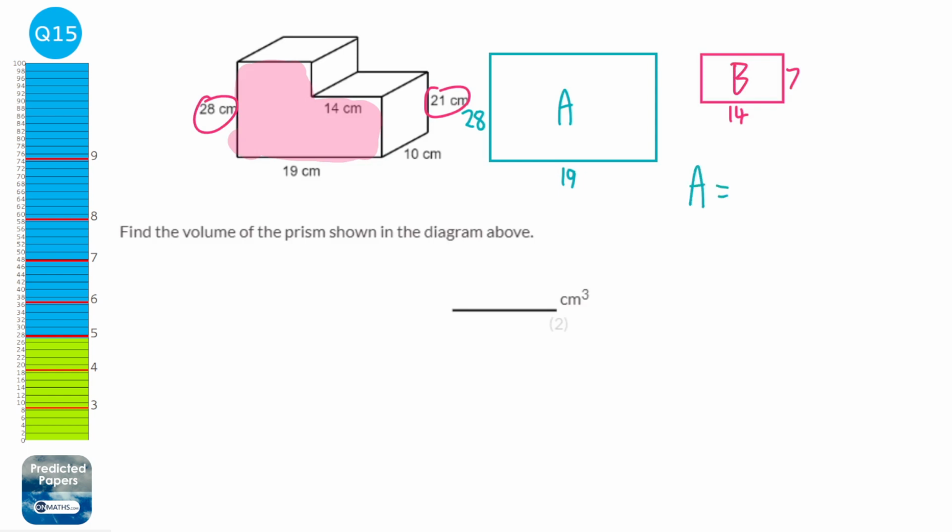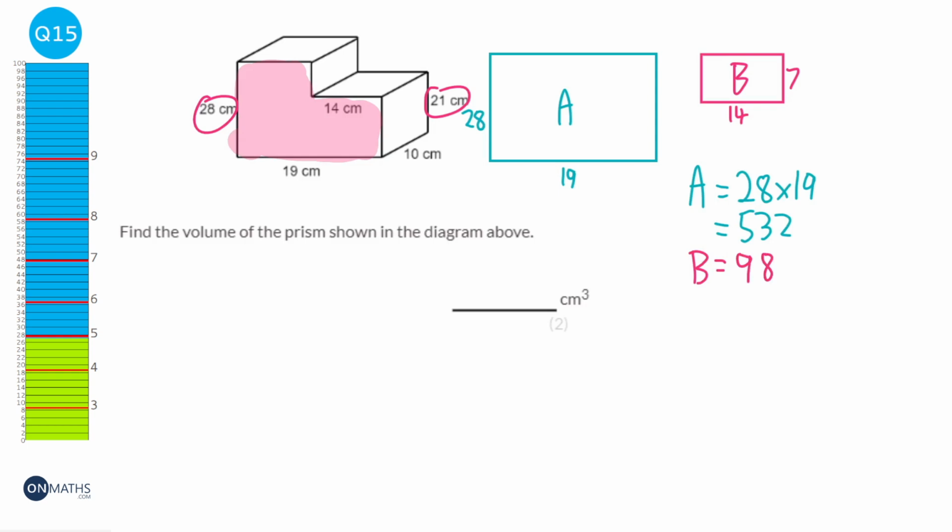So work out the area of A. It's going to be 28 times 19, which is 532. Work out the area of B, which is going to be 98.